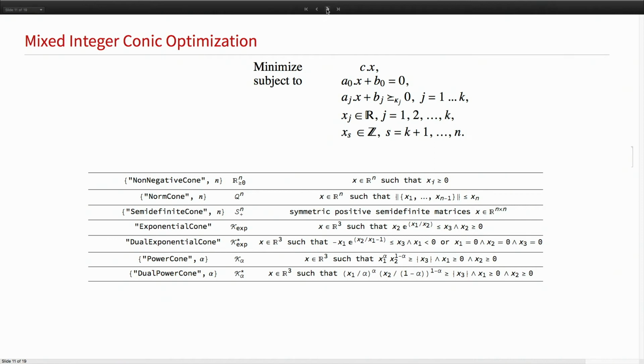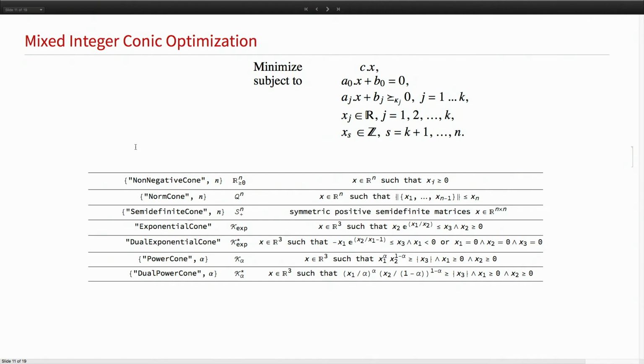So if all you have in terms of a cone is a non-negative cone, then technically it's a linear optimization problem, which I can send off to linear optimization to do its own thing. If the cone contains norm cones, then it could either be a quadratic optimization or a second-order cone optimization.